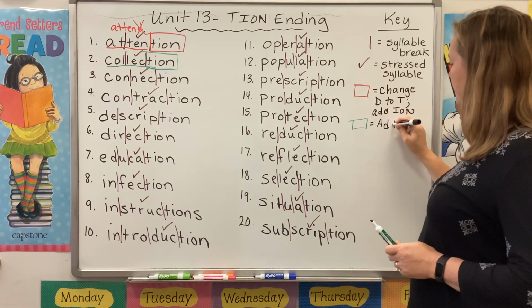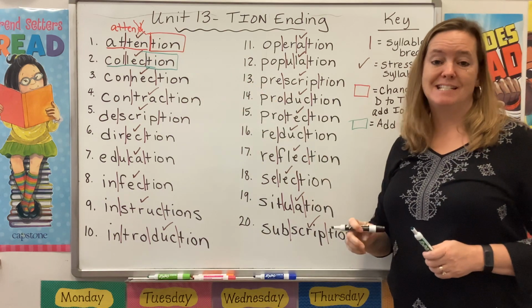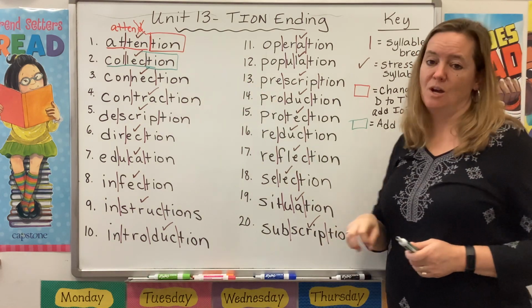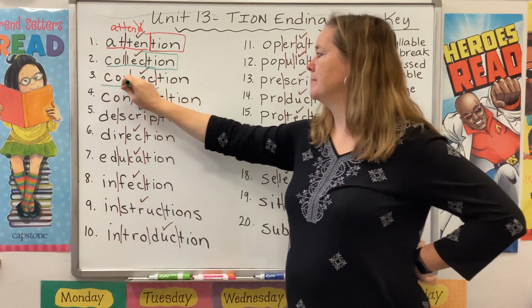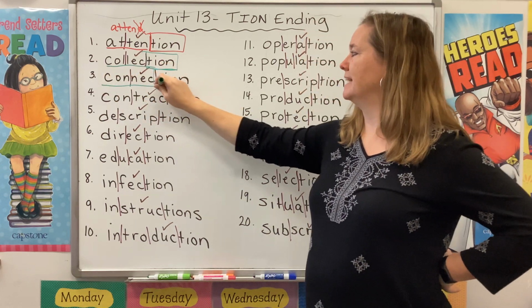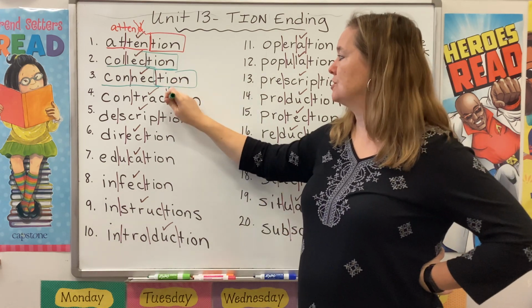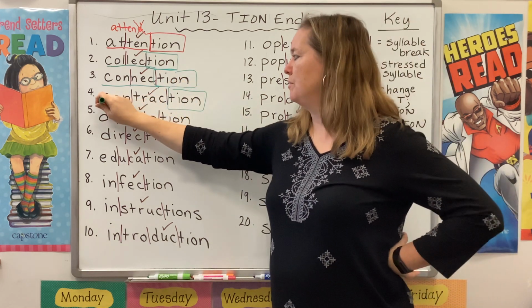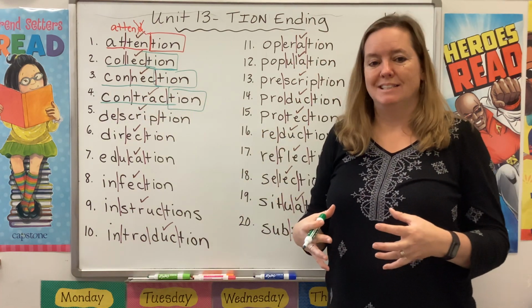So all we do for these, if a verb already ends with a T, we just add ION. So that's the rule for collection. That's the rule for connection, right? Contraction. Well, if you think about it, if something contracts, it squeezes together.